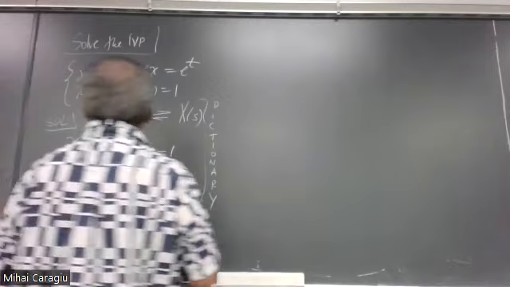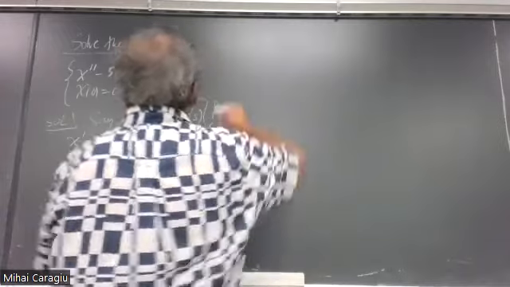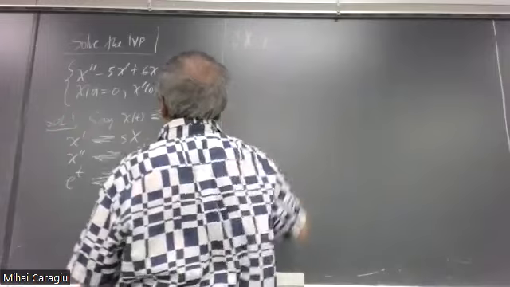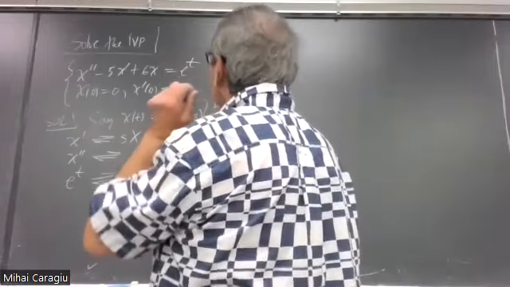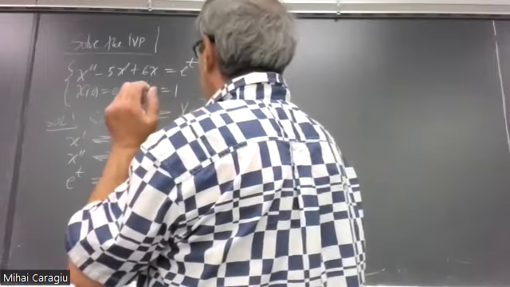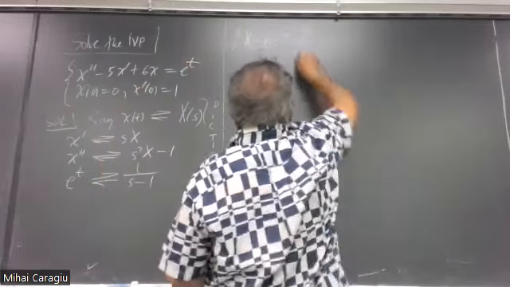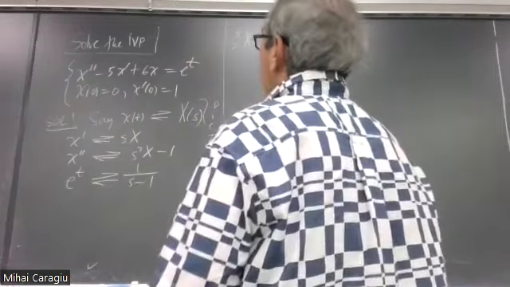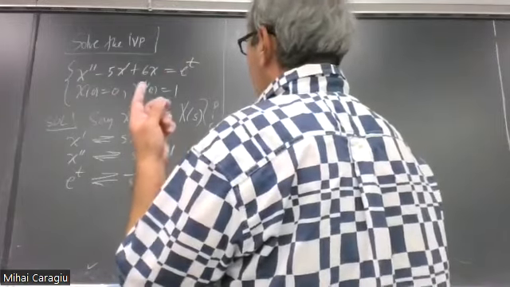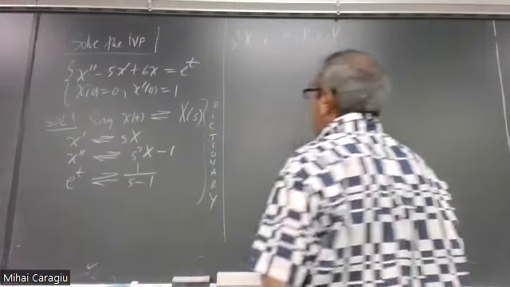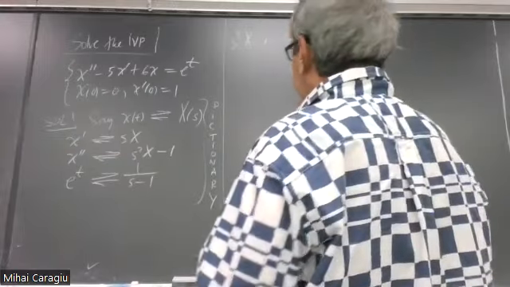So what do we get here? X second, s squared X minus 1. Minus 5x prime, minus 5sX. Plus 6 small x becomes 6 big X. Equals e to the power t, which becomes 1 over s minus 1.